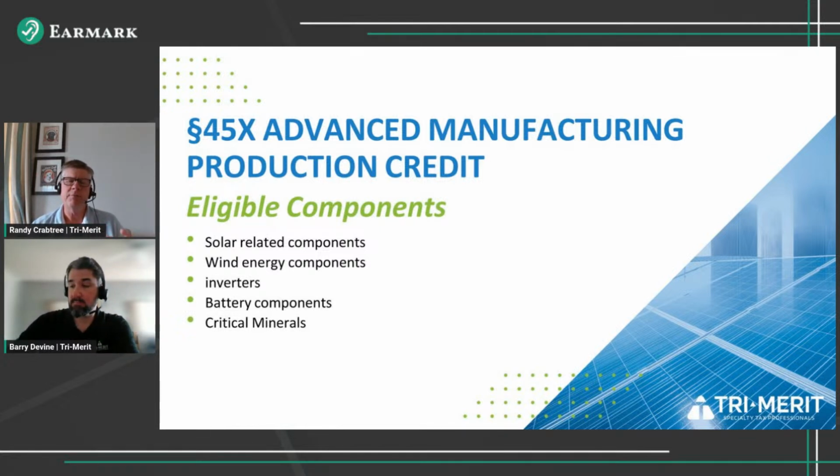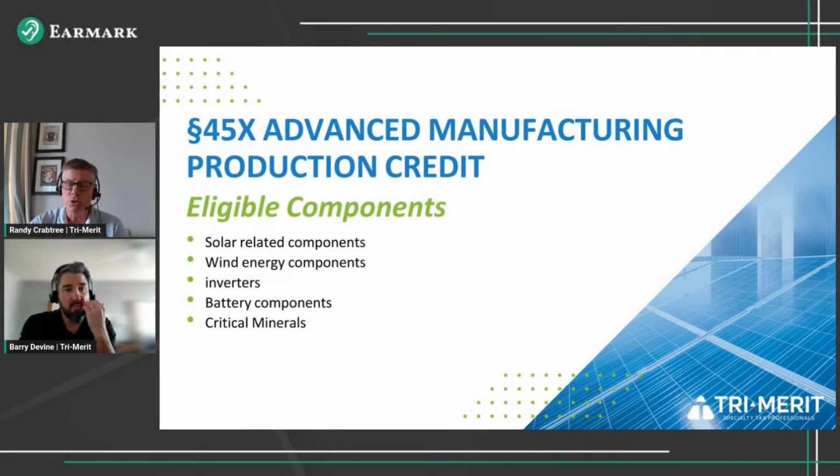This is available for manufacturers if they are manufacturing eligible components that go into renewable energy products. So solar-related components, wind energy components, inverters, battery components. Batteries are big, and the recycling of batteries is big too, as when we talked about recycling of critical minerals, but critical minerals as well.